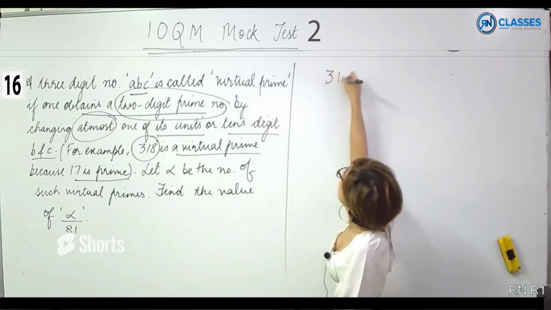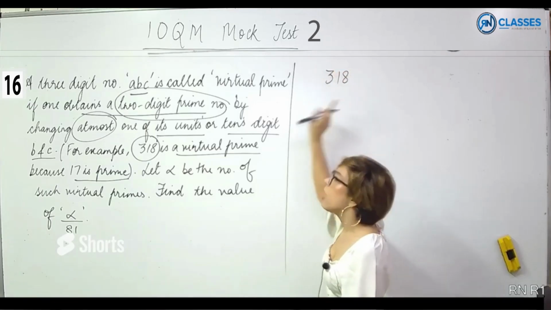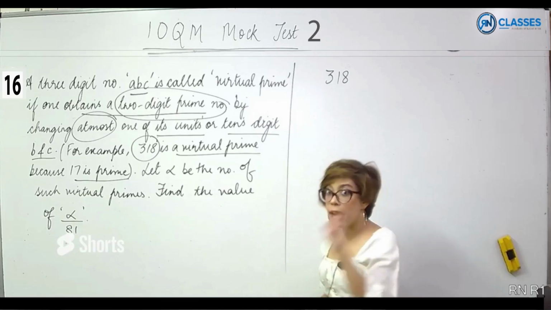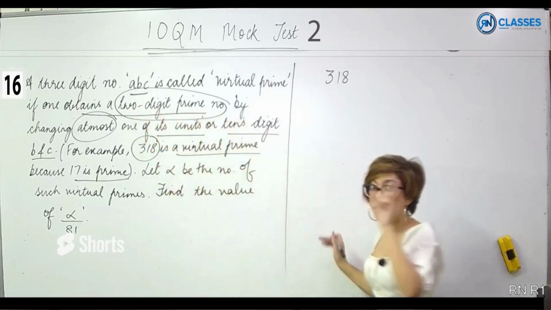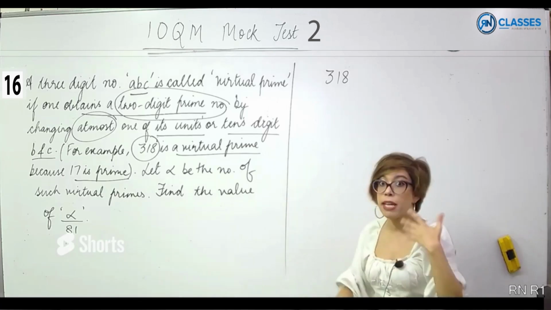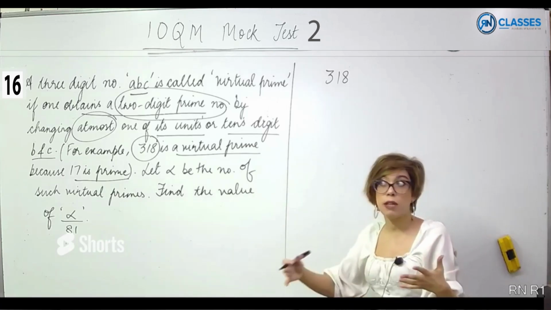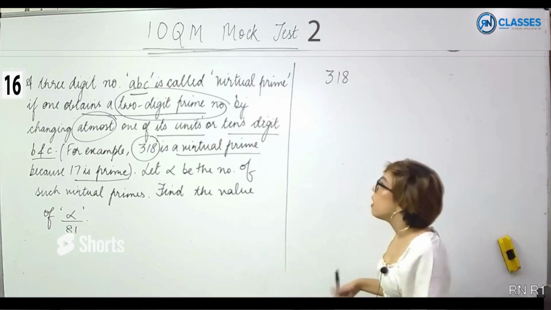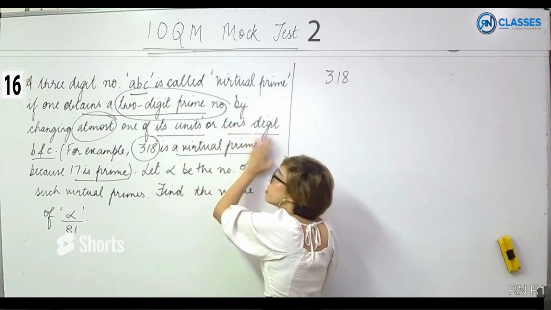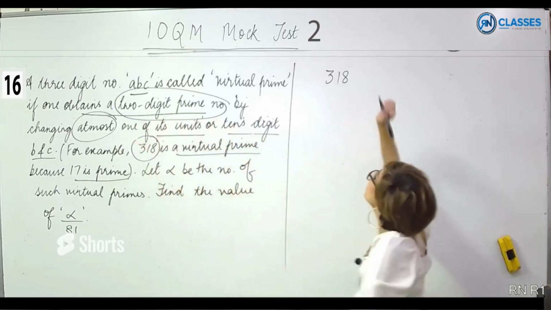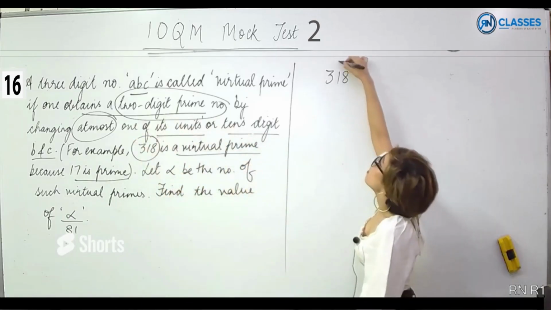Now 318, obviously, is a 3-digit number. He says it is a virtual prime. That means I can obtain a 2-digit prime number, maybe 11, 23, 73 and so on, by changing at most one of its units or 10th digits B and C. The unit digit is 8, and the 10th digit is 1.